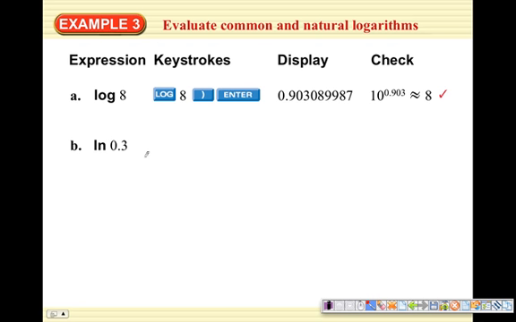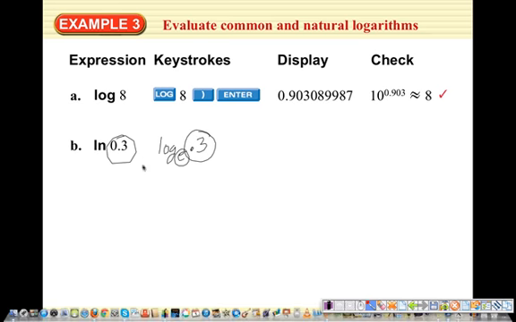Okay, what does this mean? Natural log of 0.3. So what I like to think of it as is log base e of 0.3. So e means 2.7 something, so 2.7 to some power equals 0.3. Well, you probably can't do that one in your head, but you might be able to come close. Type that in your calculator.